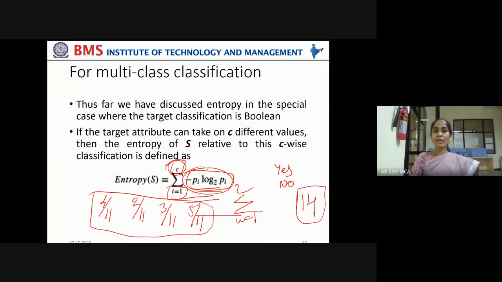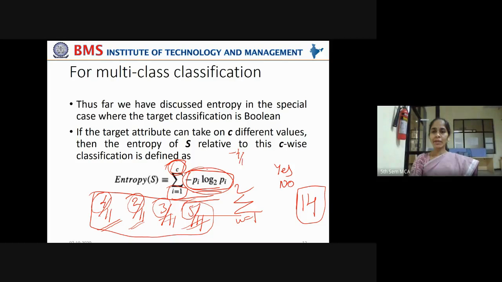But when you have multiple classes, defect 1, defect 2, defect 3 are 3 different classes with normal as the 4th class. Say the training examples for defect 1 are 4, defect 2 are 2, defect 3 is 3 and normal functioning of that product is 5. In that case, we have the proportions 4 by 11, 2 by 11, 3 by 11 and 5 by 11.